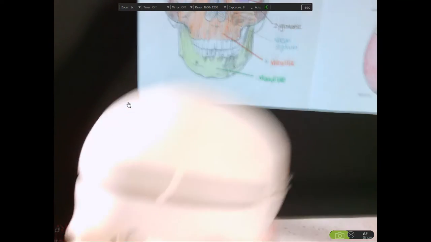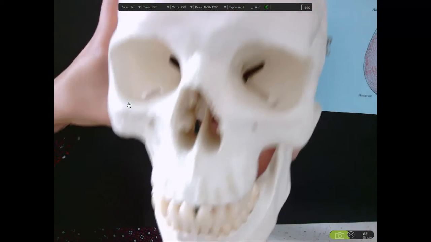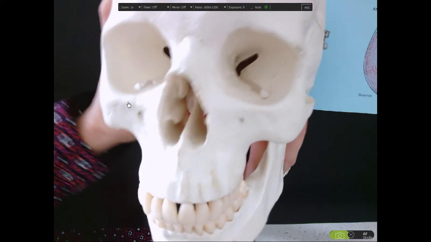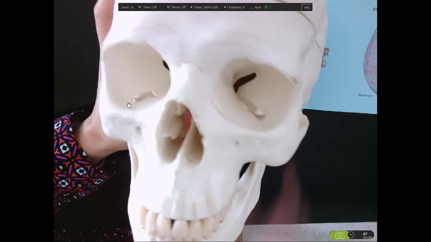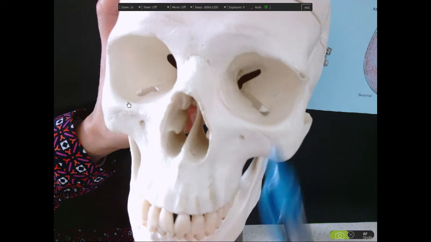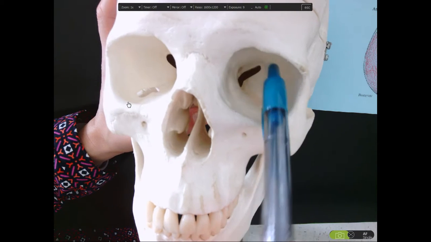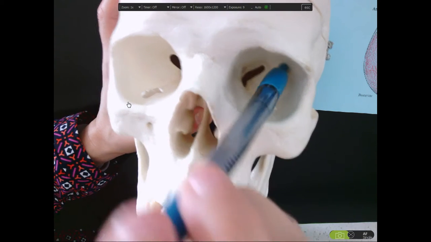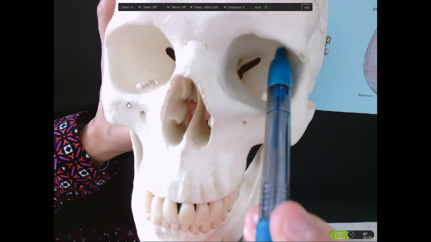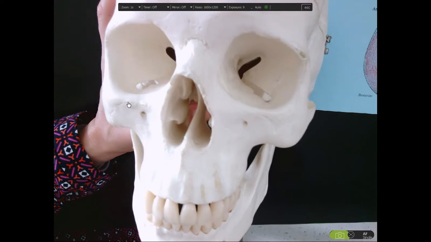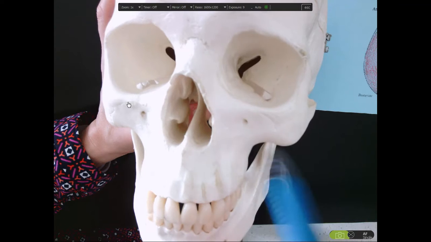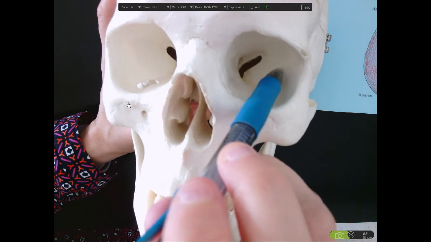Okay, so this real or 3D model, you can see the zygomatic bone would be the bone in this region. Okay, so in the back of the eye socket. Did I say zygomatic? I mean the sphenoid bone. The sphenoid bone would be in the back of the region right here.